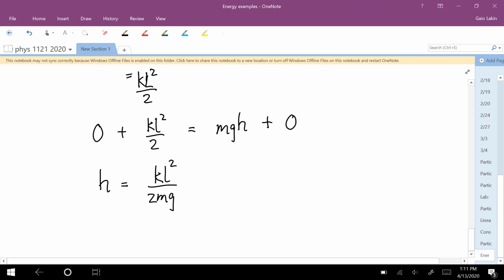And so what that says is the farther you pull the spring back, the higher it'll get. The stiffer the spring is, the higher it'll get. The lighter the mass of the cart is, the higher it'll get, and so on.